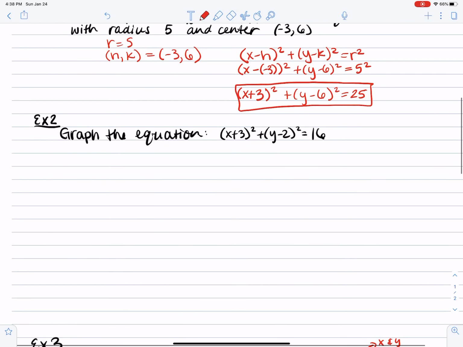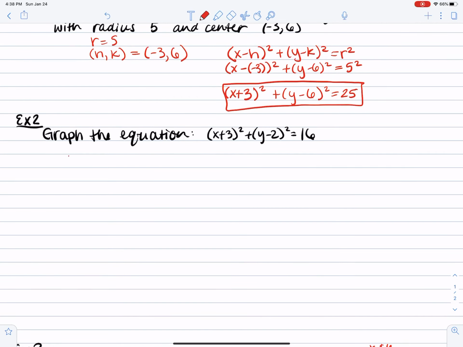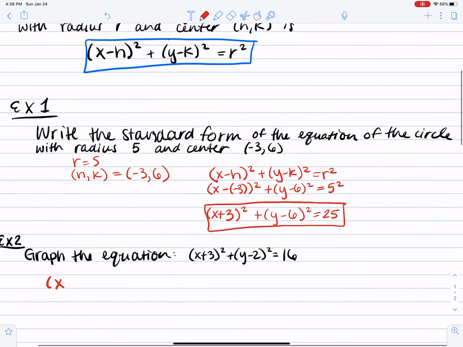Okay, example 2, graph the equation (x plus 3) squared plus (y minus 2) squared equals 16. So now we have to graph it. They give us similar information, so I'm just going to write the standard form. Let's go back up here and look at it.